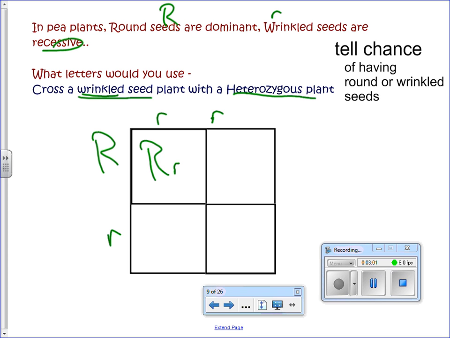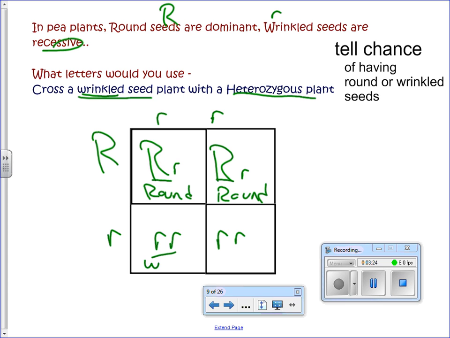And so then we do the Punnett square, which most of you should be pretty good at by now, as we have done many practices. And then the chance of having round and wrinkled seeds. Again, if you're confused, go through and look. Okay, dominant trait is round, so this will be round. This will show the dominant trait.